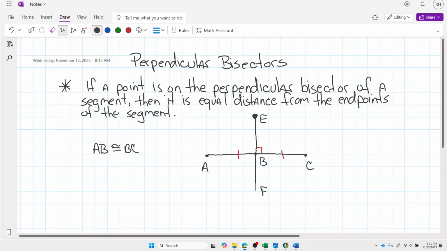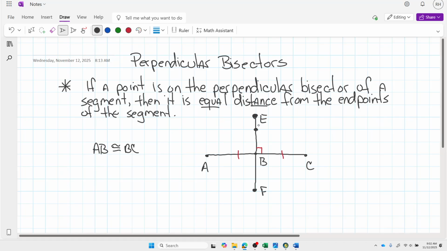Anywhere that you go along this perpendicular bisector, if you put a point right here, the distance from this point to A is the same as this point to C. From F to C is equal to F to A. Any point on this perpendicular bisector is equal distance from the endpoints of the segment.